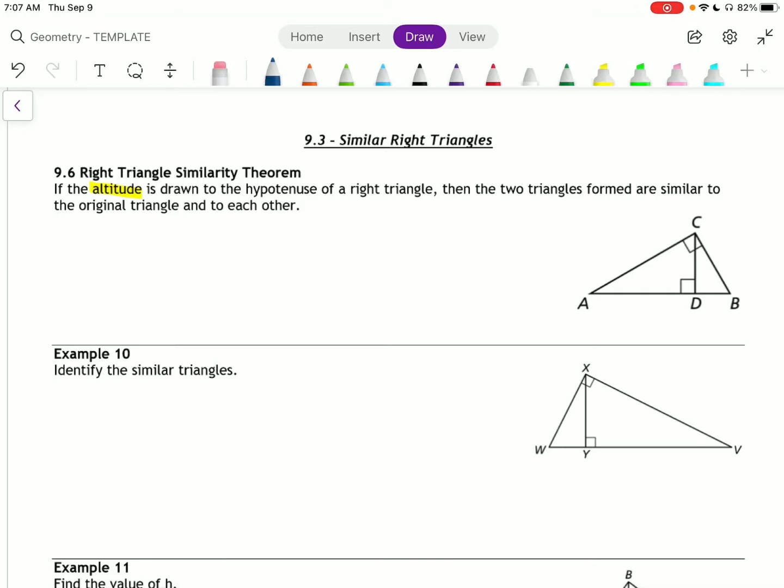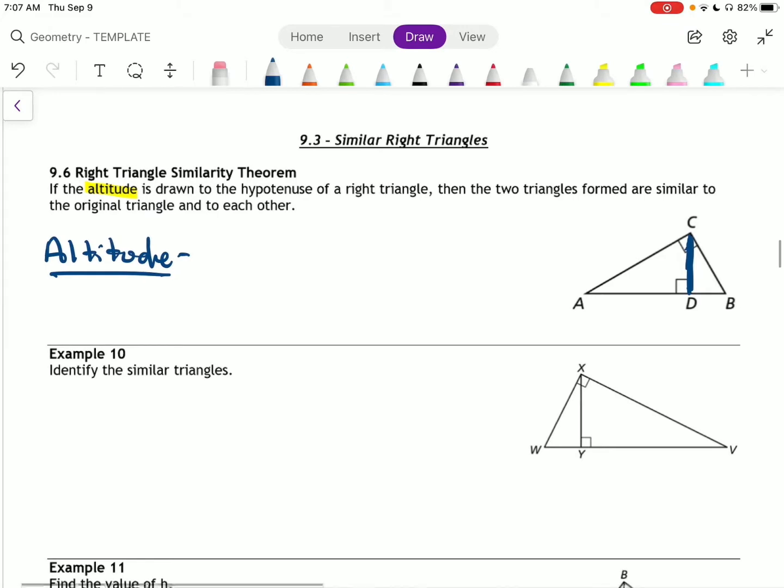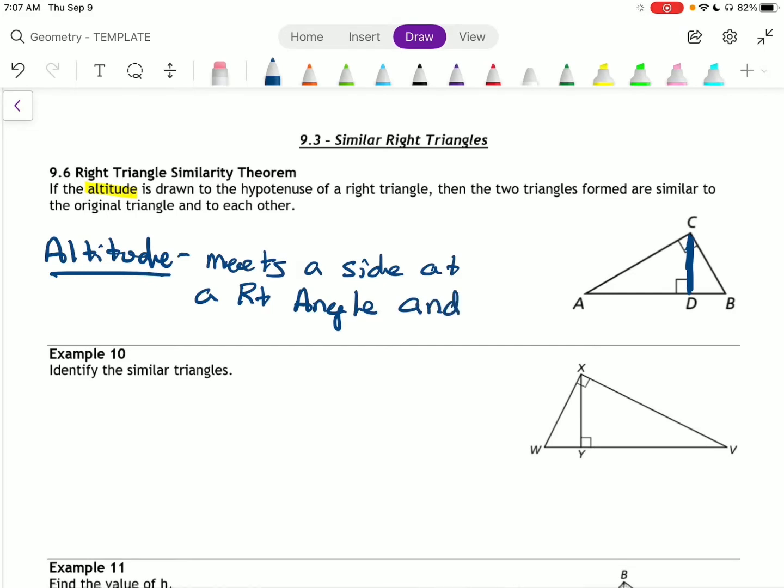An altitude is this piece inside a triangle. We'll say that it meets a side at a right angle and the opposite vertex.